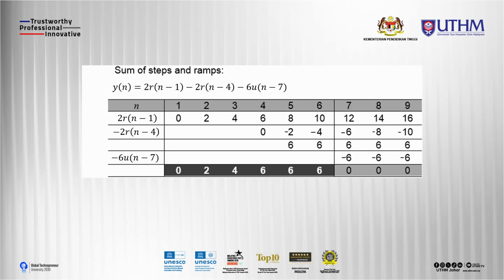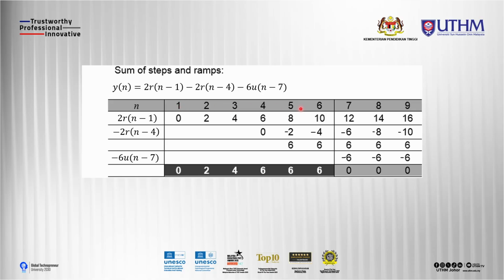So first of all, we draw a table. When n equals 1, 2, 3, 4, 5, 6, the values start with 0 and then 2, 4, 6, 6, 6. The first value is at n equal to 1.